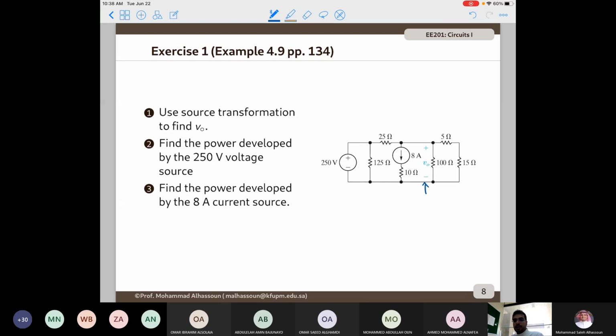Let's start with Walid. Yes, we can remove the 125 resistor. And the 10, exactly. So we can remove the 125 and the 10 ohm resistor, because 125 is in parallel with the voltage source. 10 is in series with a current source.